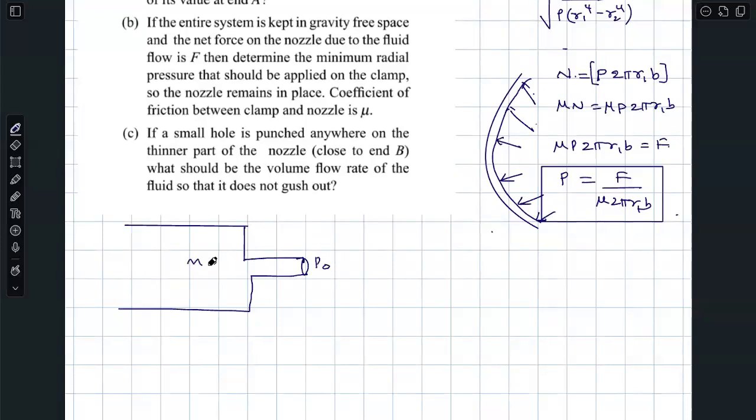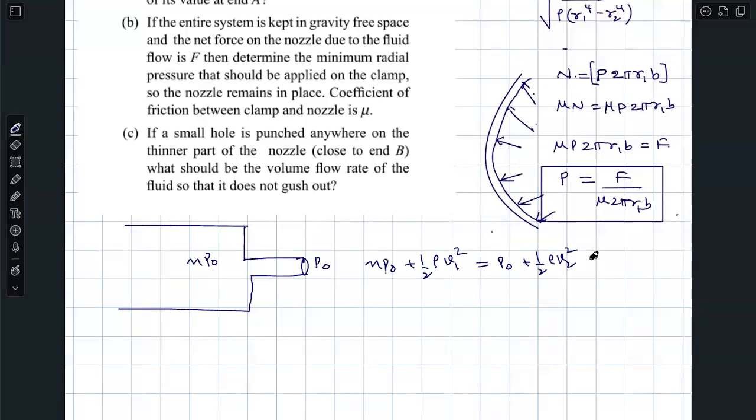P naught N, P naught is the pressure difference. So therefore, N P naught plus half rho V1 square is equal to P naught plus half rho V2 square. That's the relation.